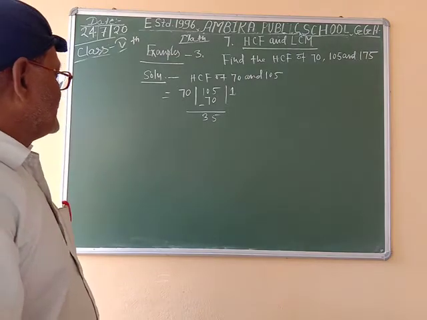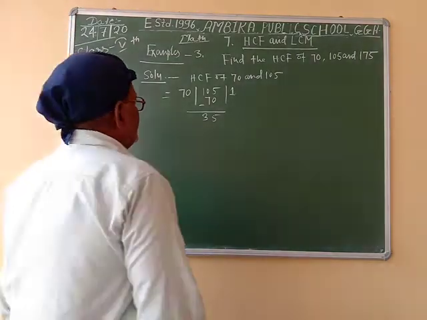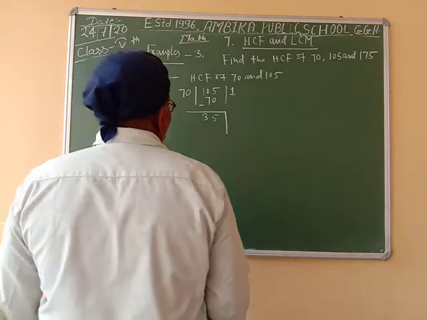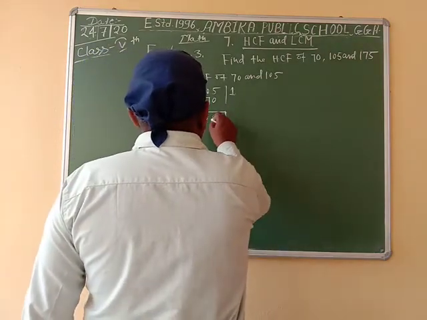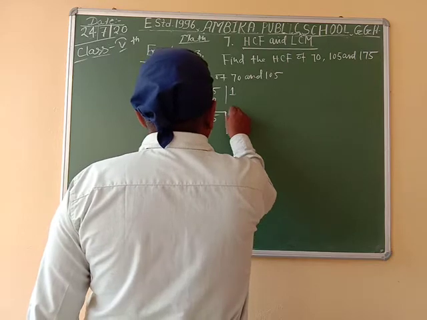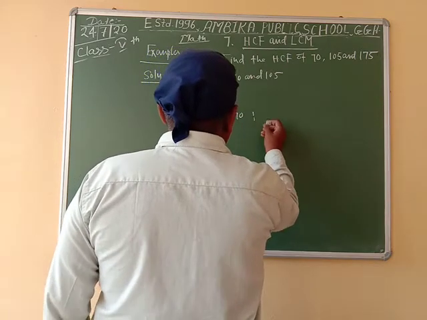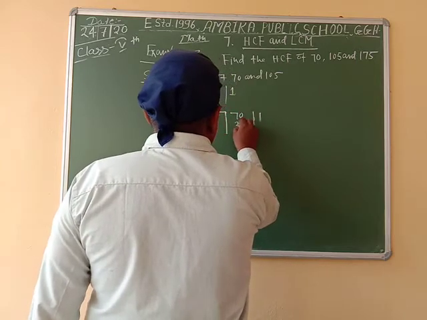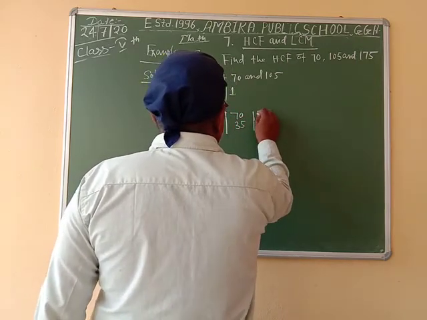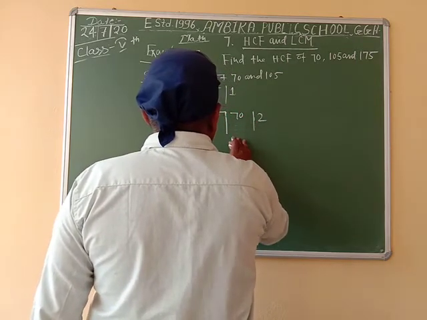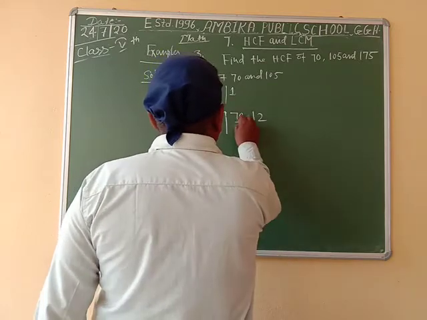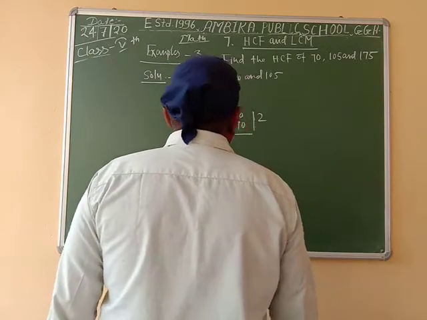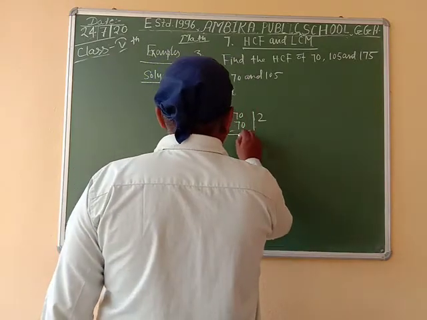We cannot divide it by 70. So 35 is the divisor and 70 is the dividend. Dividing 70 by 35, we write 70 under the dividend and subtract, getting 0.